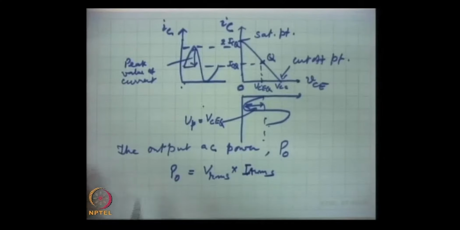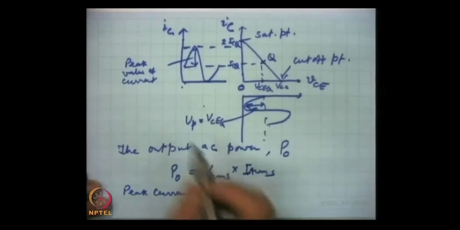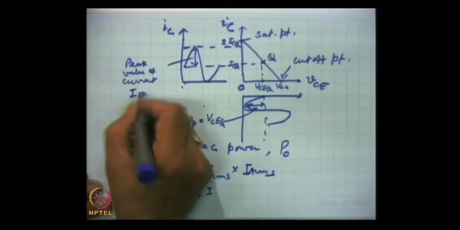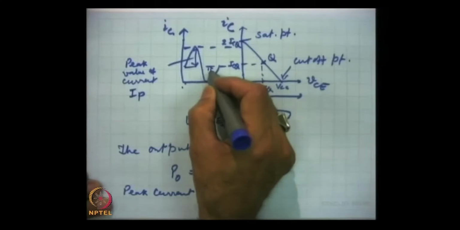Now from this figure we see that the peak current IP is equal to ICQ, because this is ICQ.